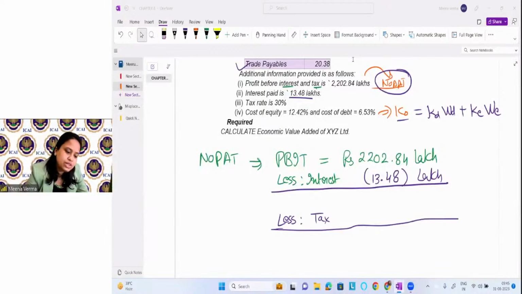Solve this and tell me what is it coming. Yes, tell me what is it coming.